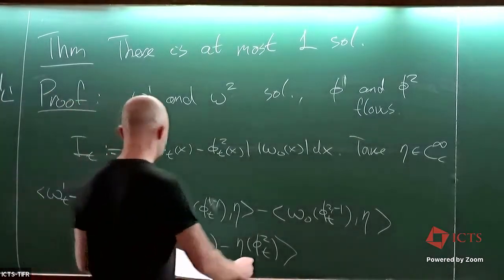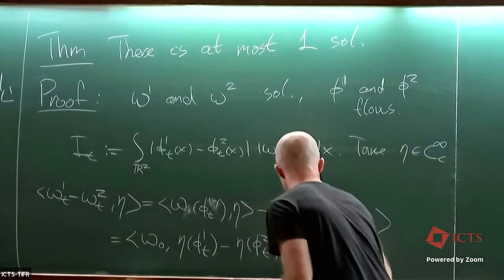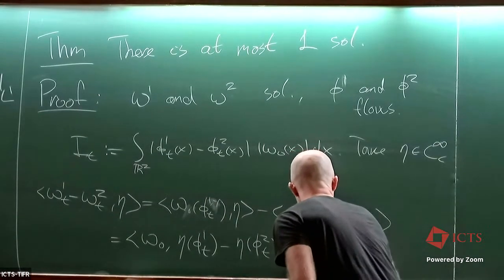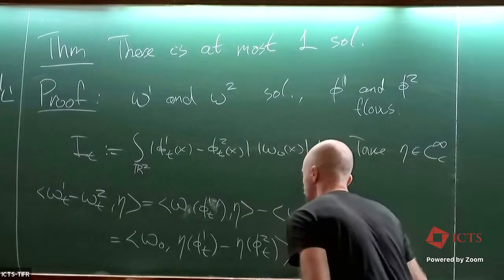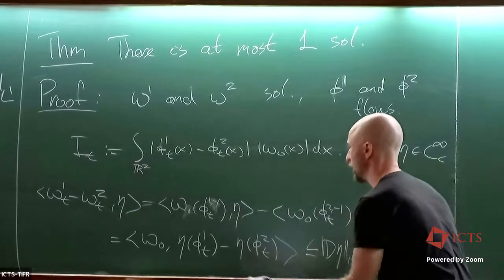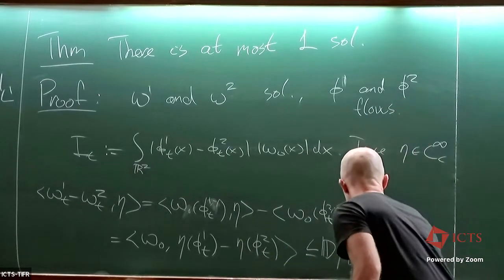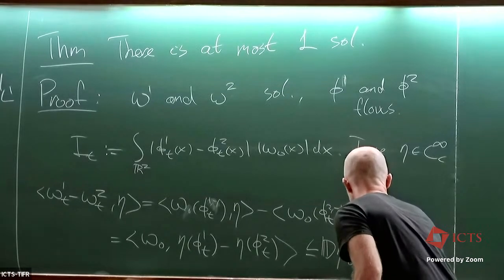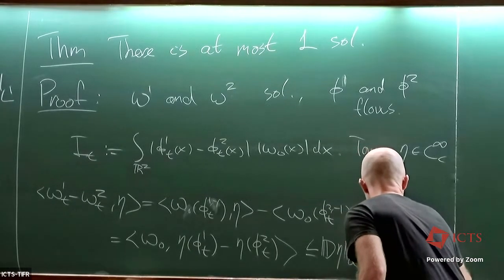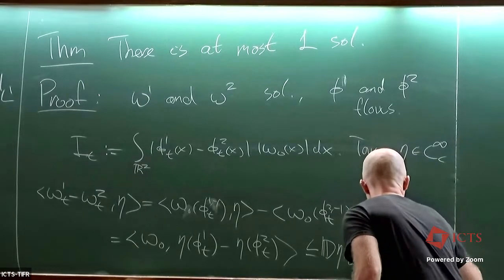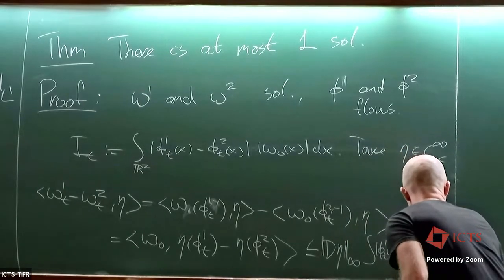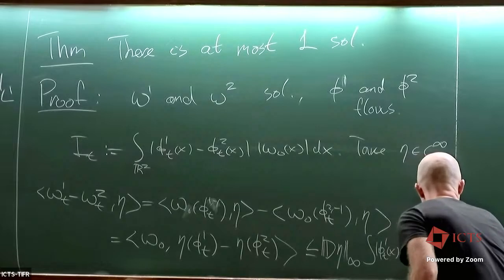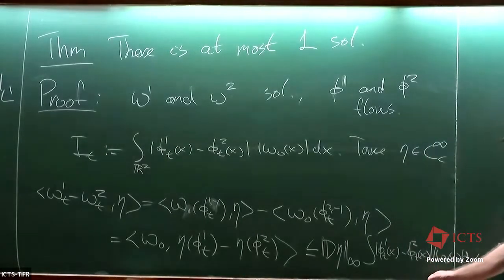Now let's use the mean value theorem for eta so that we can bound this by the derivative of eta, times the integral of phi t1 of x minus phi t2 of x, times omega naught x dx.